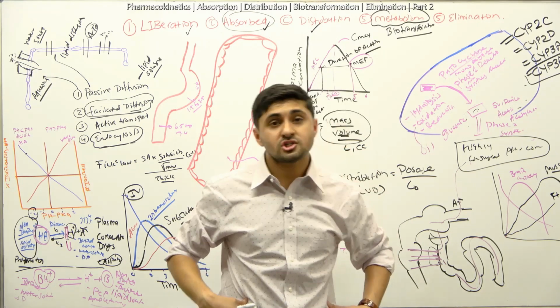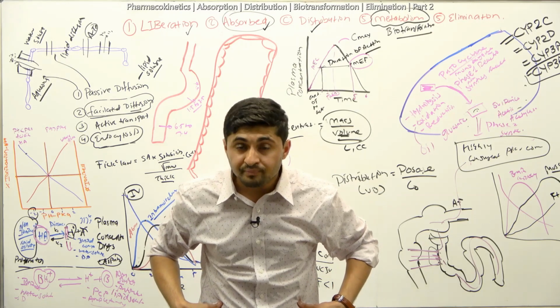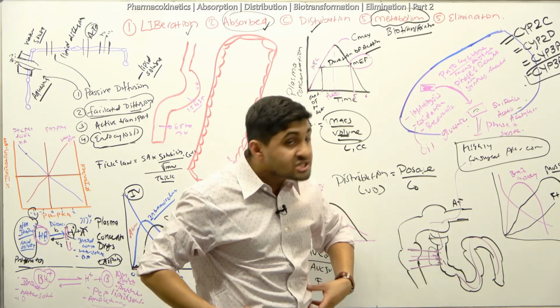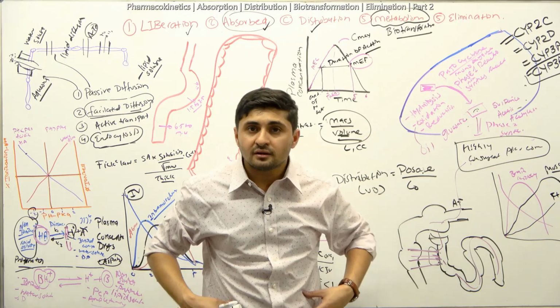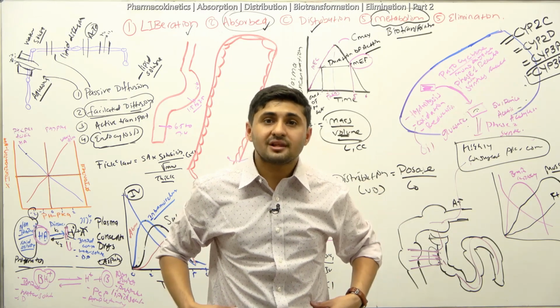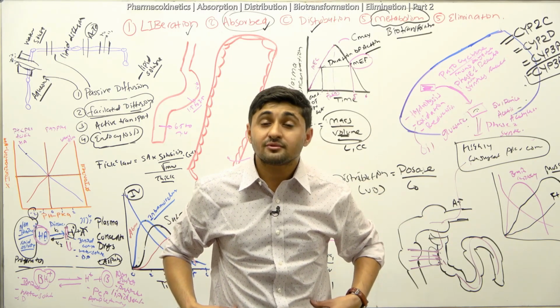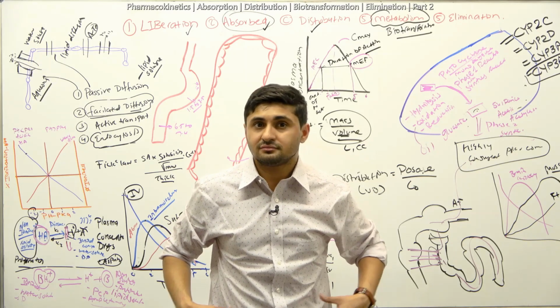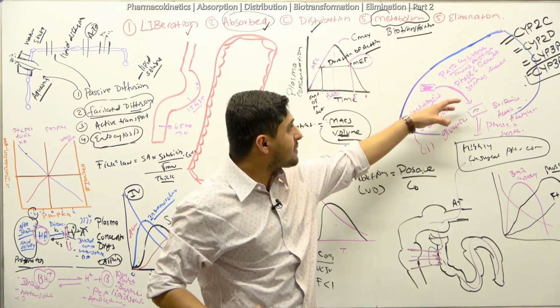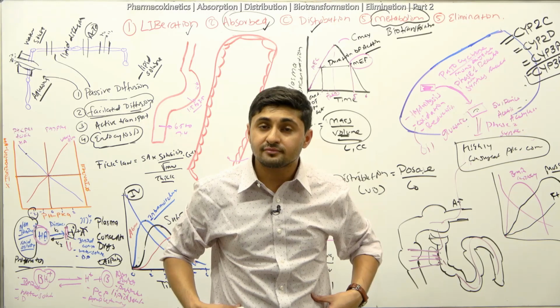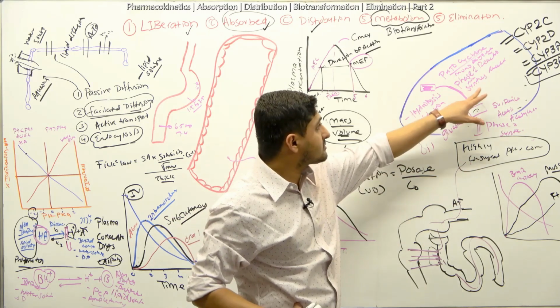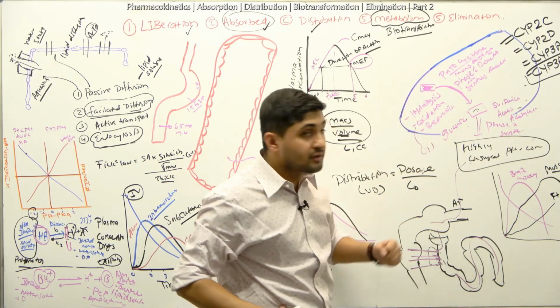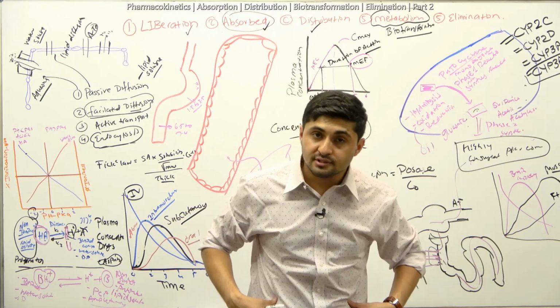Or even in younger children or elderly people, the enzymes are maybe less functional, or some enzymes are not activated, and because of that the biotransformation decreases, right? Another thing is drug tolerance.